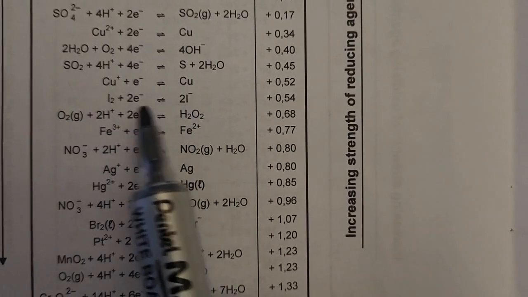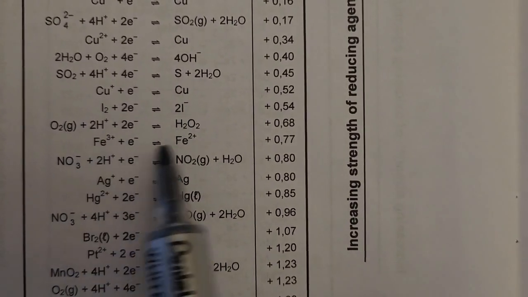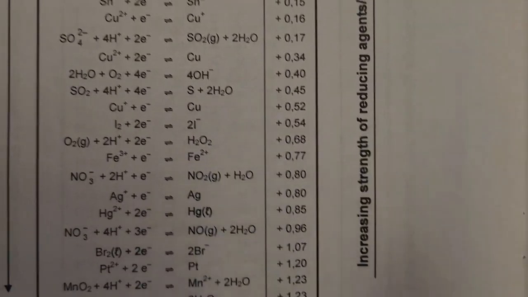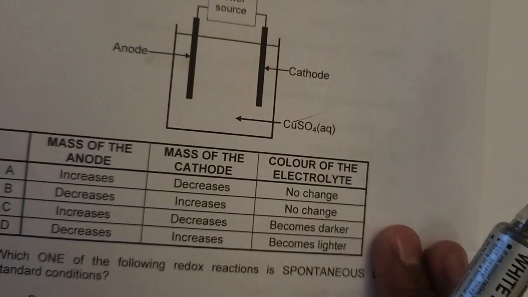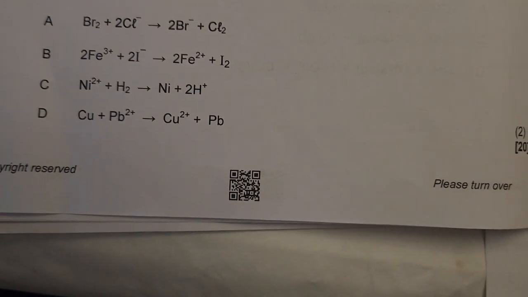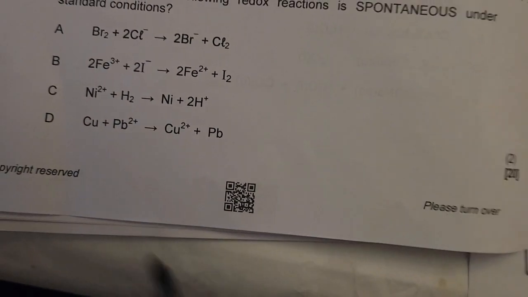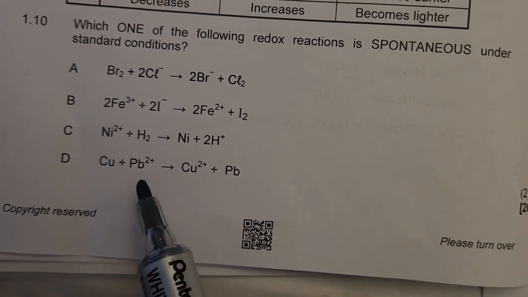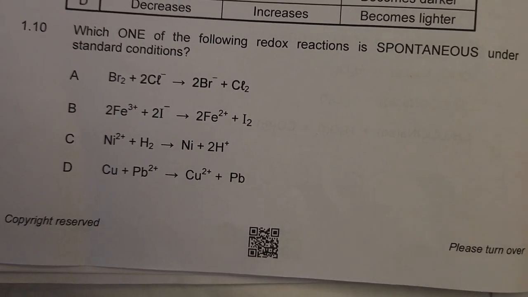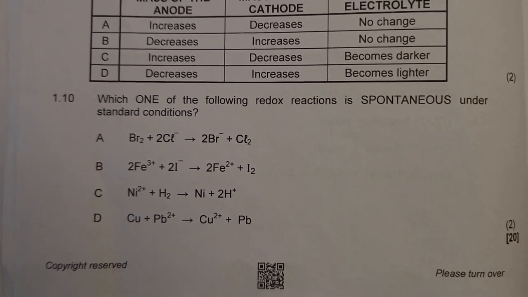Therefore, iodine now will undergo oxidation, reverse reaction, and then this one will undergo forward reaction. So that is the perfect one. Therefore, the answer for the last question in this question paper will be B. 10B will be the best one. Otherwise, with these ones, they are not going to happen. So copper cannot be oxidized by lead, so it's not going to happen. That one's not spontaneous.